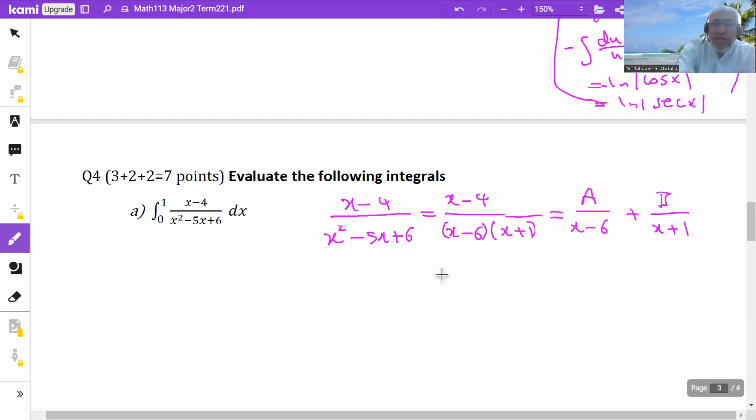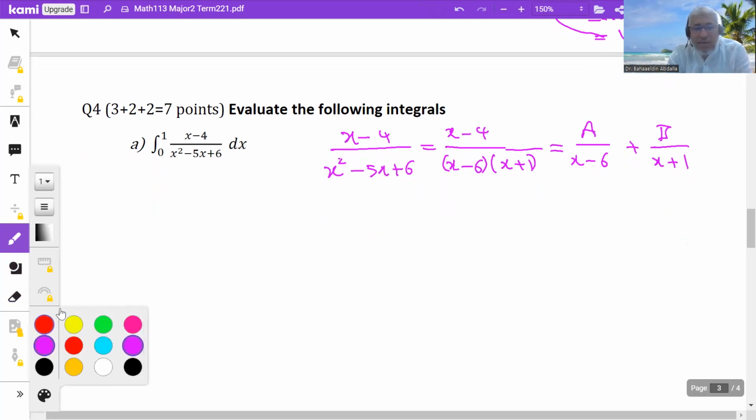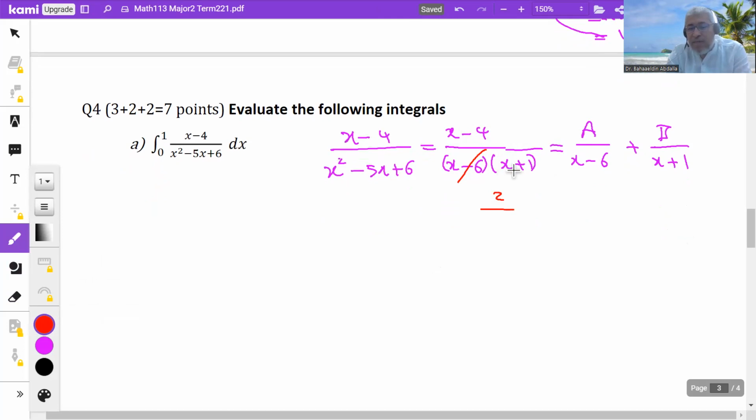And now to determine A and B, we have a quick way to do that: if we replace x by 6 here, I cancel this, I forget about this, and I replace x by 6. So 6 minus 4 would be 2, and 6 plus 1 would be 7.